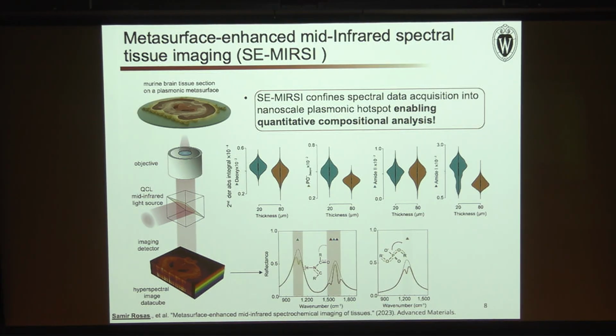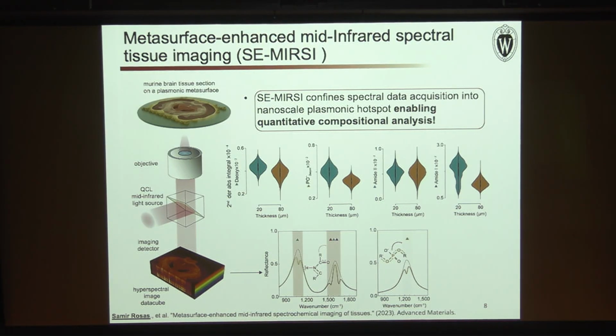Now, if you have a sample on top of that electric field, and that electric field is being, let's say, changed because now you put a brain tissue sample there, now you are going to capture that information from the nanoscale volume, because the electric field is not going everywhere in the vicinity of the metasurface. It's just going to go 100 nanometers on top of the metasurface. So with this, basically, you are just neglecting the morphology of your tissue sample. You are just capturing the information that is within those 100 nanometers. And that's where the enhancement is happening.